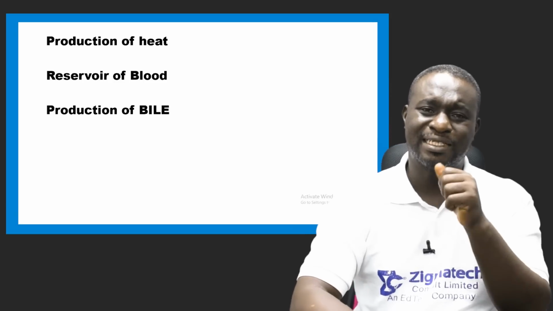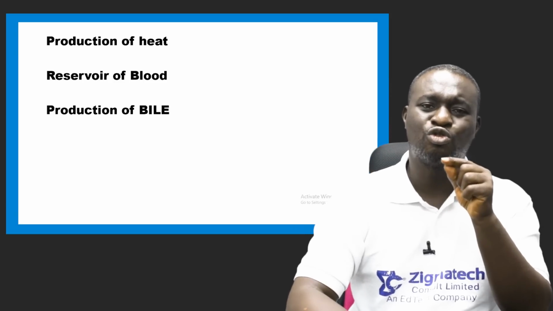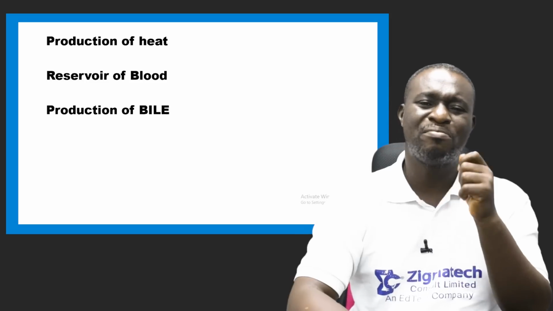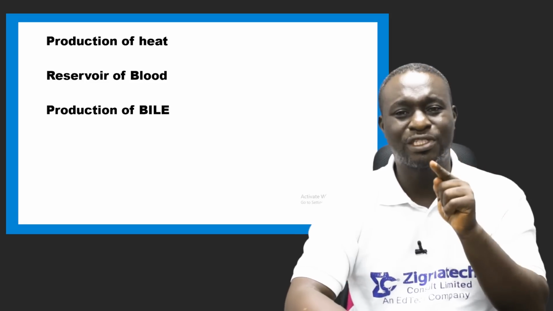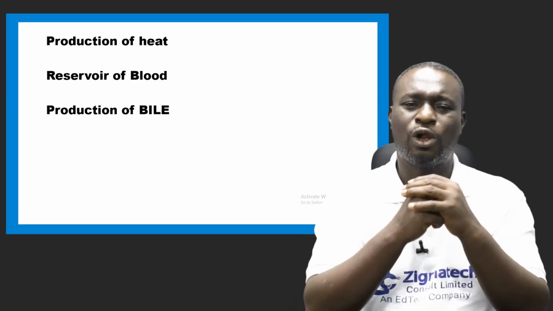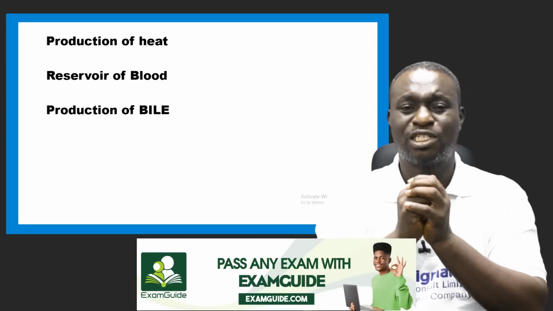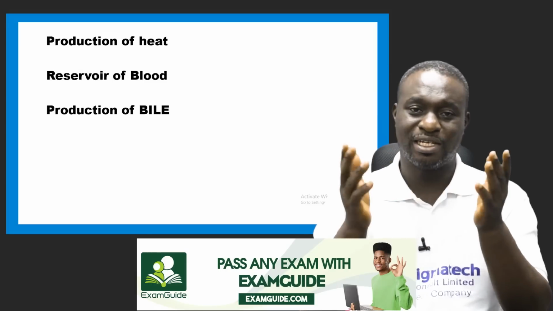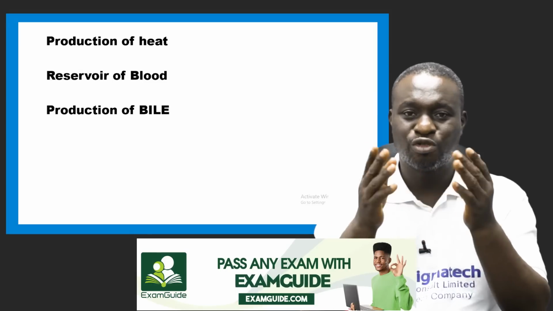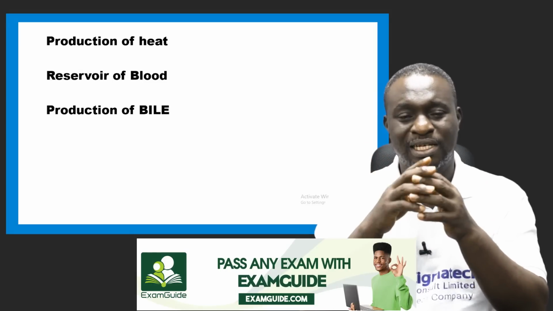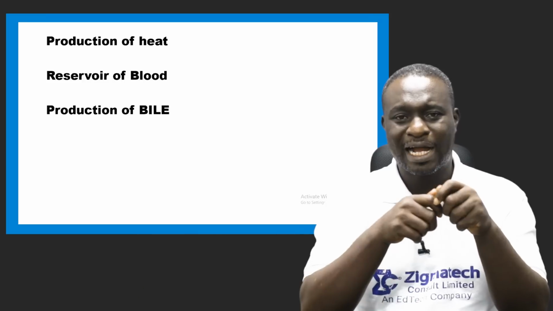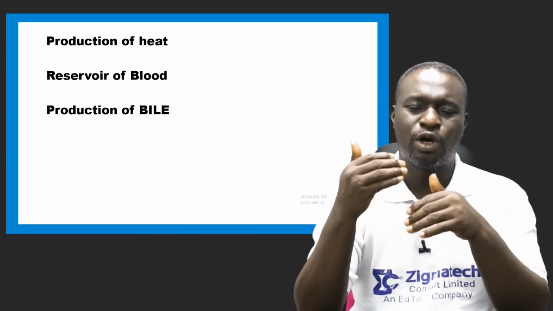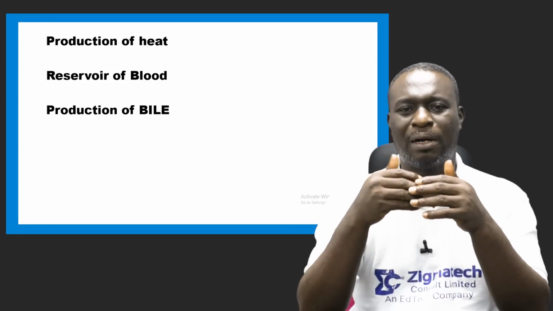Now, the liver, like I said again, helps also to regulate fats and oils. That simply means that the liver produces a substance we call bile. Now, if you have ever dressed a chicken, you must have noticed the bile. When you are removing the intestine of the chicken, you are going to stumble on the bile.